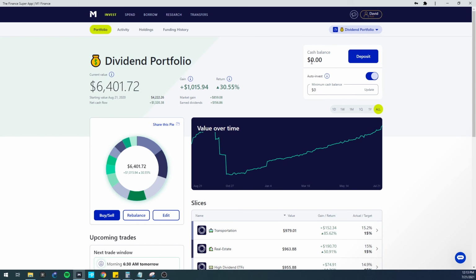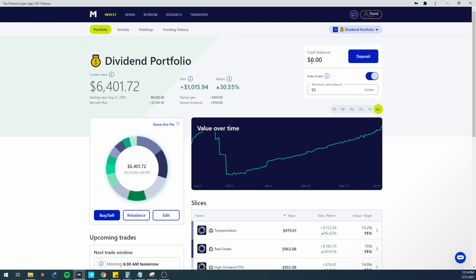If it's at $26, it'll invest $26. But if it's at $24, it will not invest that $24. You'll have to put another dollar into it for it to automatically invest. That's not as big a deal as it seems like I'm making it out to be.